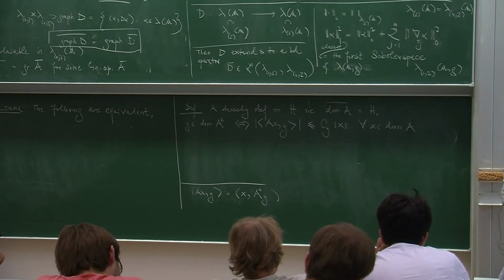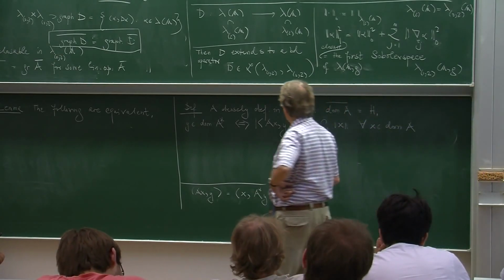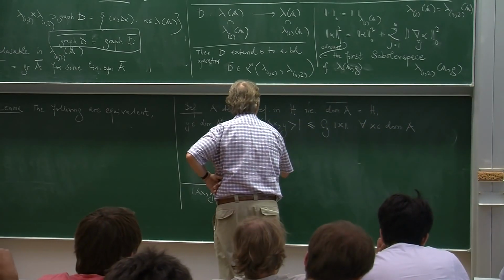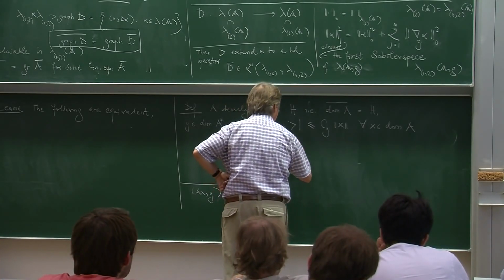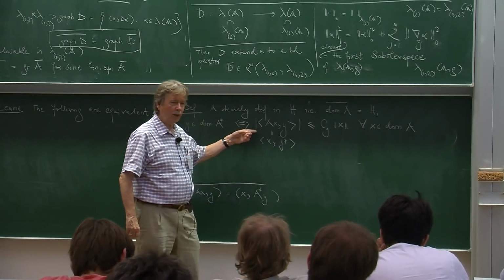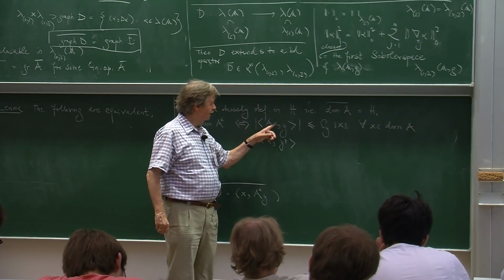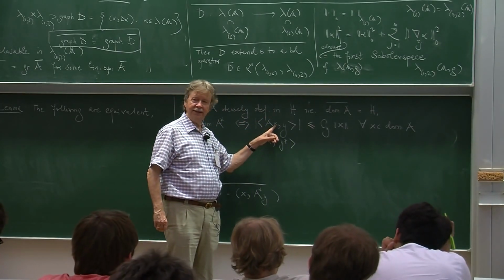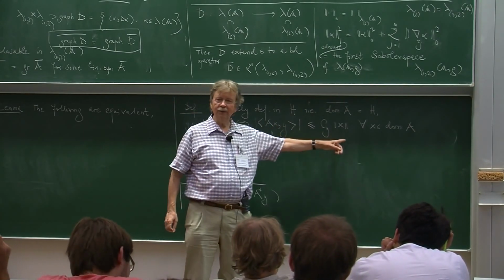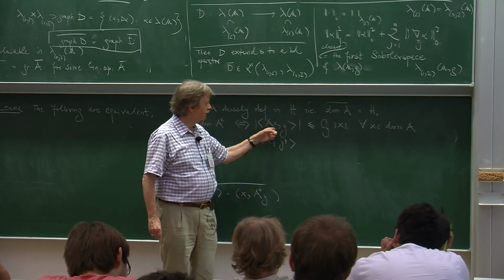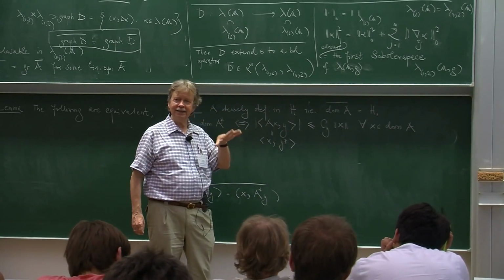This is equivalent to saying that this is actually equal to x, y star for some y star. Because it means that if you consider this as a linear functional in x, which it is, then it's bounded by the norm of x. So this functional is continuous on a dense subspace.